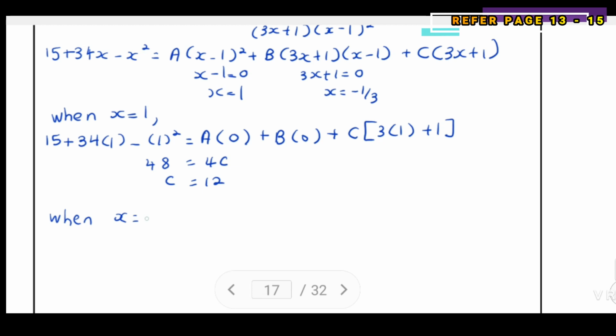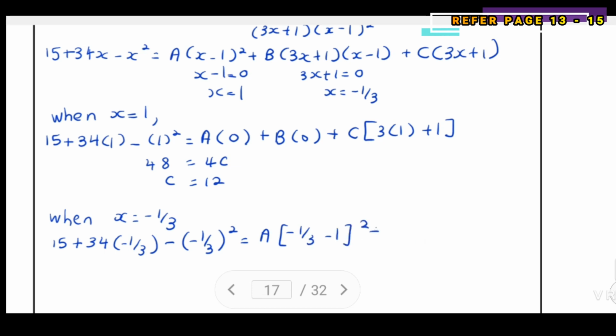When x equals -1/3, substitute into the equation. We're going to get 15 + 34 times (-1/3) minus (-1/3)² equal to a times (-1/3 - 1)² plus b times 0 plus c times 0.